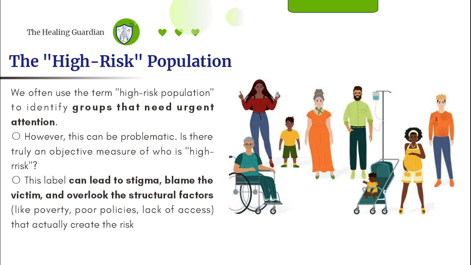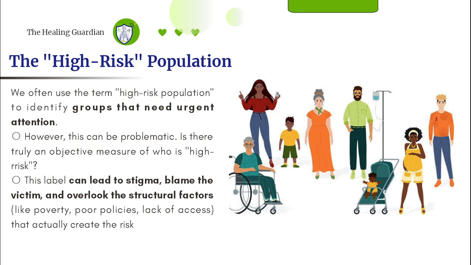Another consideration is what they call, in quotes, the high risk population. When you're defining your study population, you have to take care when identifying some people as high risk, because high risk is used to identify groups that need urgent intervention, urgent attention.